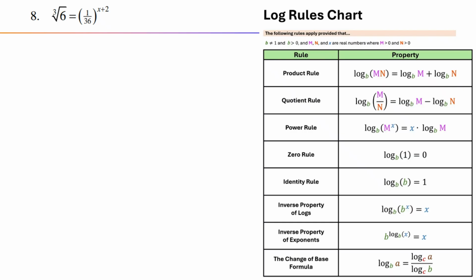So for number 8, we see that we have 6 and 36. So we should know that 36 is 6 squared. We also have to review how to convert a radical.